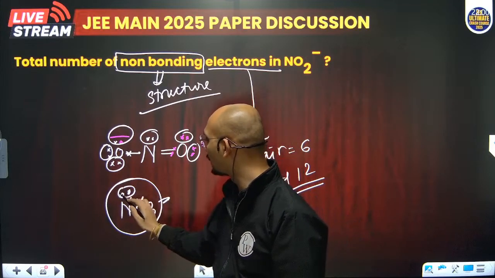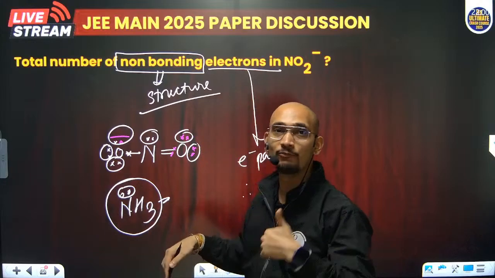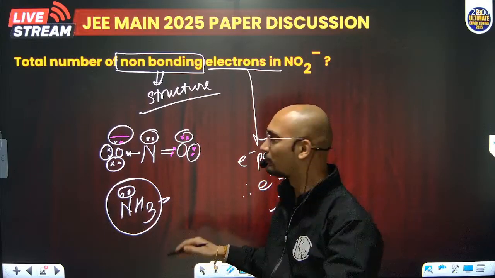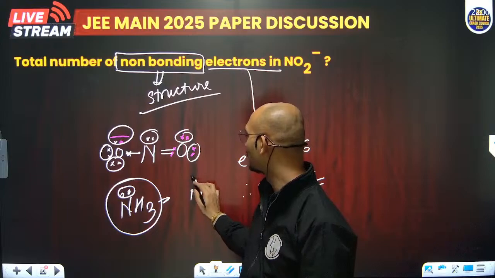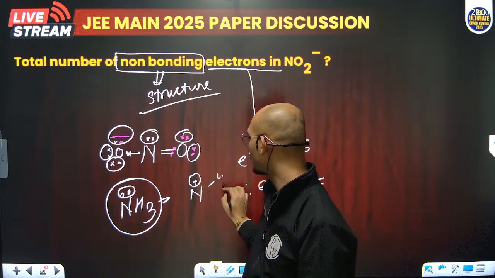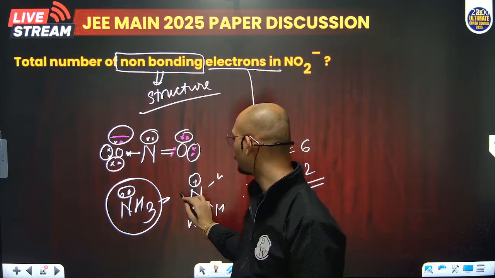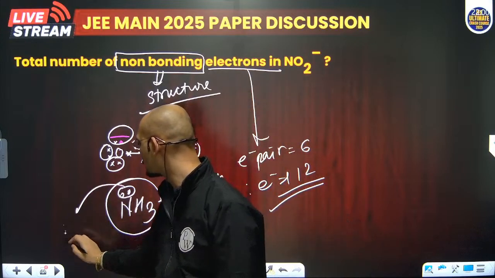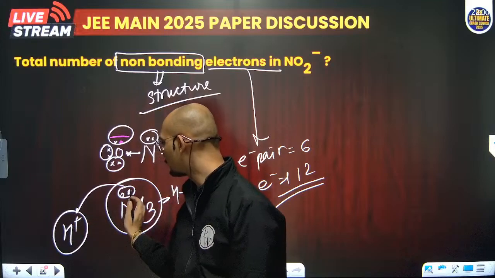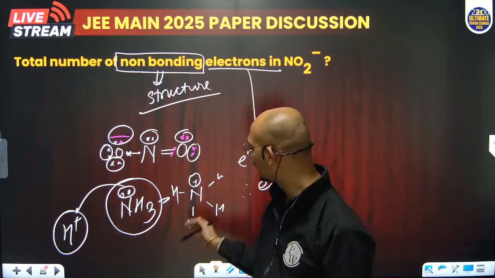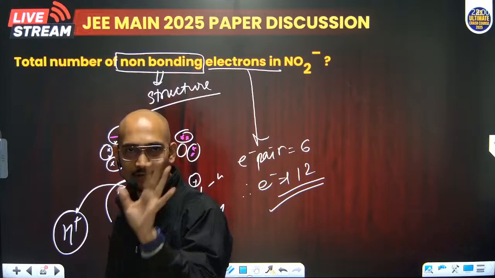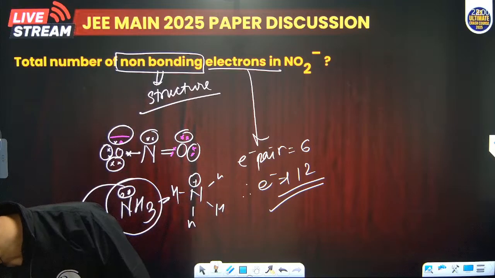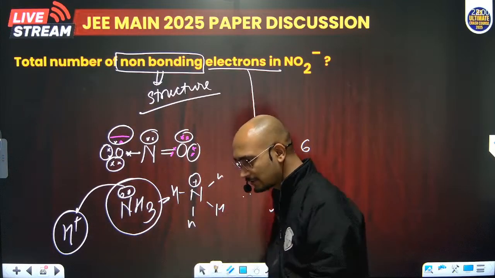Just by donating its lone pair, it can form one more bond. But there nitrogen will get the formal charge of 1. I hope you understand how it is going on. Because ammonia can donate its lone pair to H+, from here it can bond one more and show 4 bonds. That is what I am talking about. Is that okay or not? Is it clear or not?